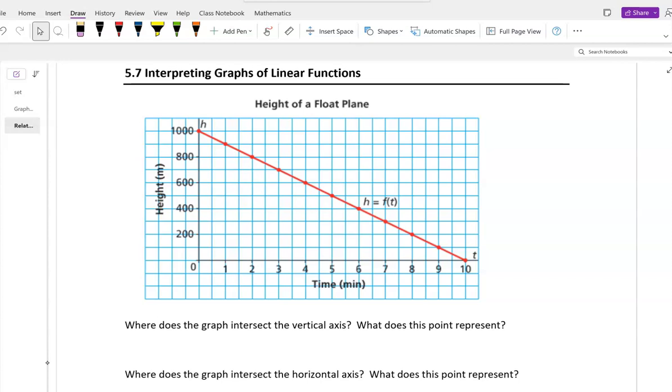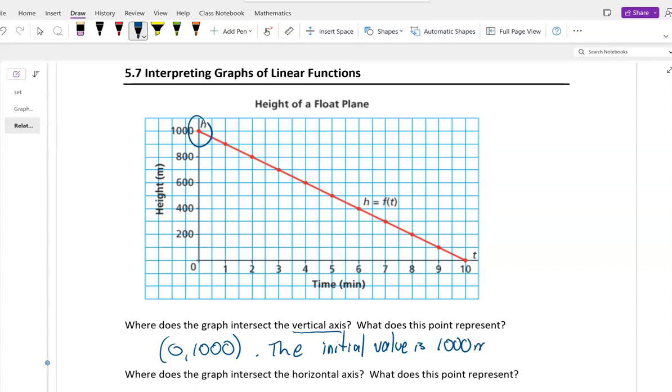Okay, where does the graph intersect the vertical axis? Vertical axis, that's right up here. It intersects it at the point 0, 1,000. All right, we call this the initial value. Remember that B value? Okay, the initial value is 1,000 meters.